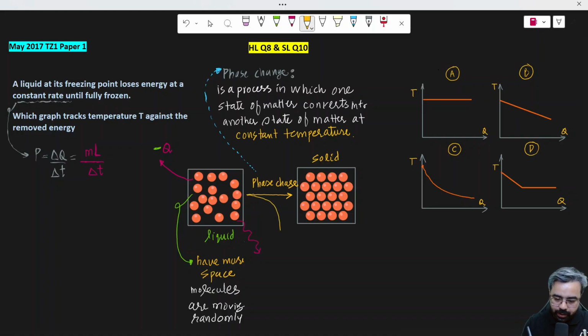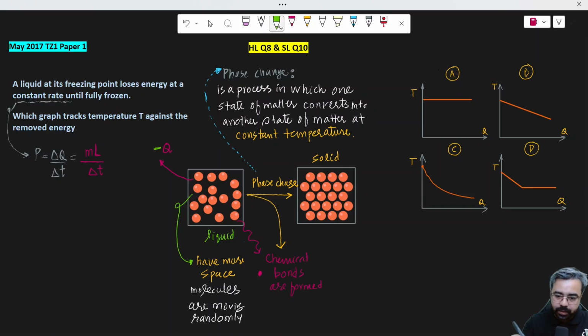The reason, which is applicable for all phase changes, whether the liquid is freezing into a solid or the liquid is vaporizing, is that the heat transferred out of the system is used as chemical bonds form between the molecules.